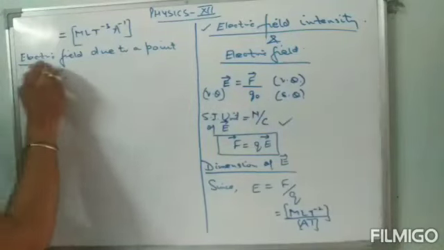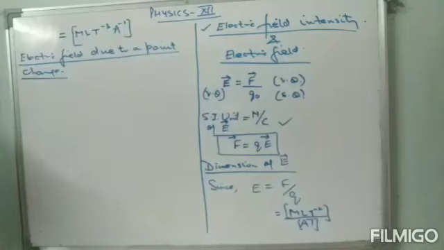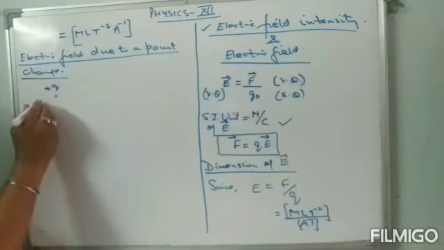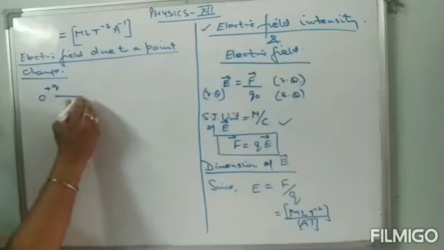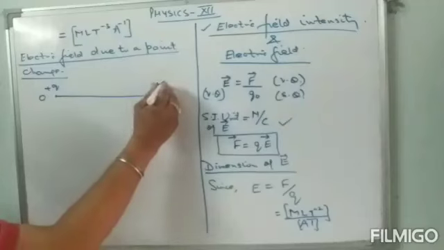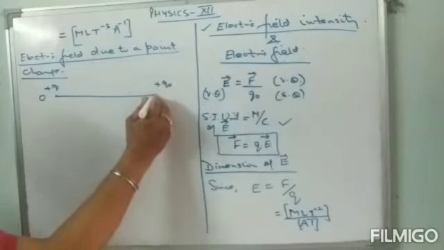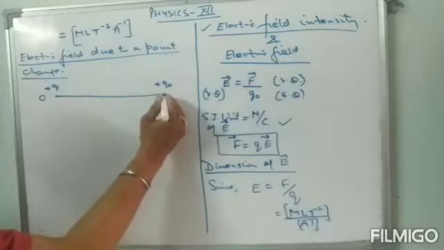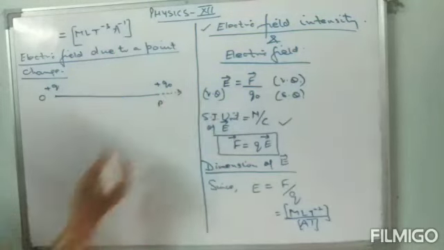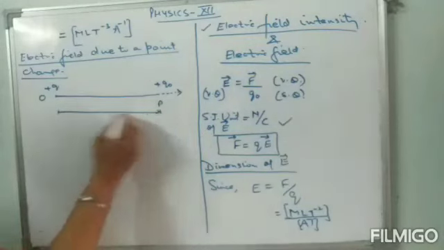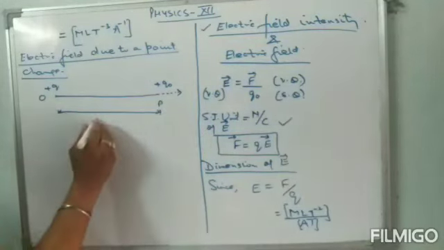What I've taken is a positive charge Q at point O. I've taken a unit positive test charge at point P. Since both are positive, the direction of force will be acting outward. The distance between O and P will be R.